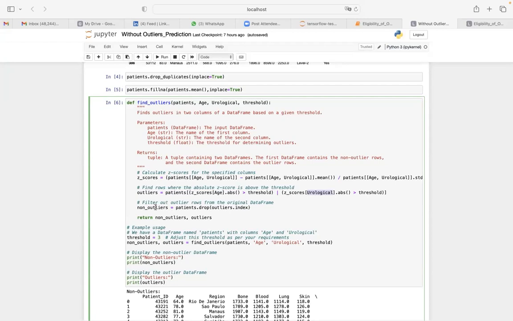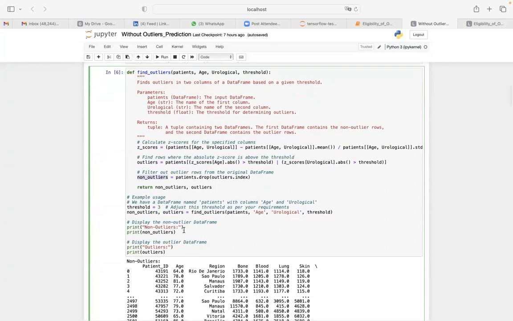So I'm filtering outliers and non-outliers inside the function, and then returning those two objects, outliers and non-outliers. Then finally, I'm setting up a threshold. You can adjust the threshold, maybe 2.5 or 3, whatever. I've set it to 3, the standard value of Z. If you want, you can change it.